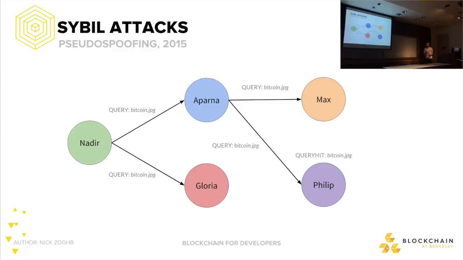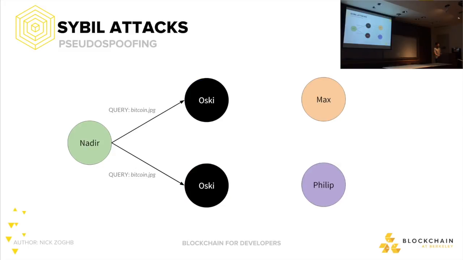Okay, all well and good. But what if Nadir has been querying Oski this whole time? What if Oski has made multiple identities on the network? So let's backtrack a little bit. A vanilla Sybil attack is an attack on a reputation system where you're in an anonymous environment and can basically create infinite identities in order to vouch for yourself.